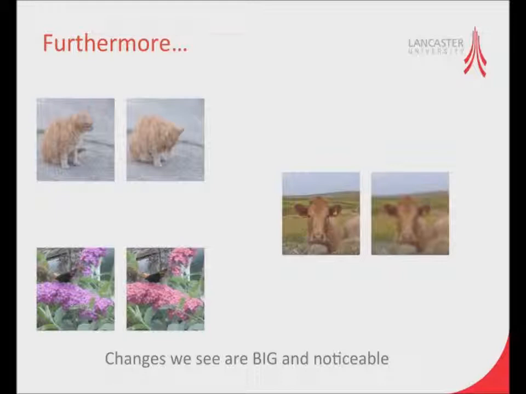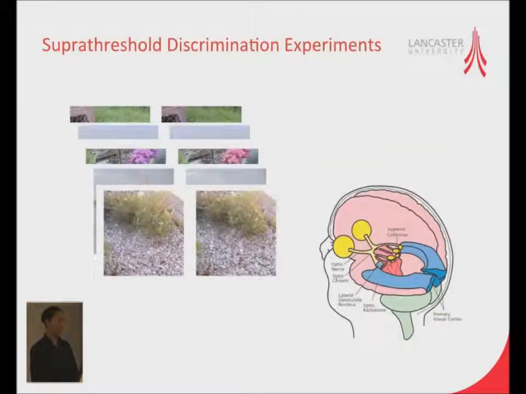So changes that we see are big and noticeable, which is why I've run super-threshold discrimination experiments where I present observers with pairs of complex images with large noticeable differences, and I ask them to tell me how different they appear to them. So instead of recording thresholds of gratings, I present them images with large noticeable differences. Okay?